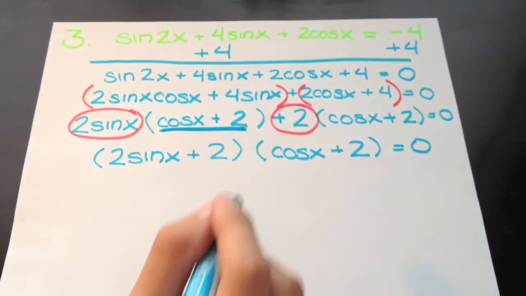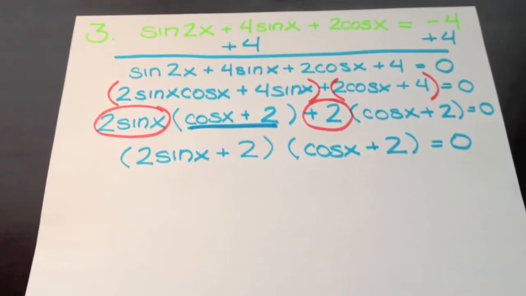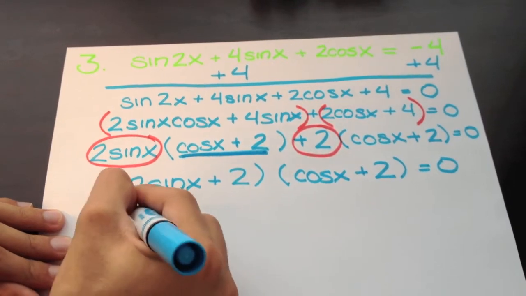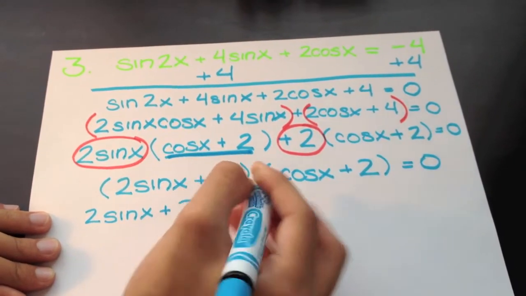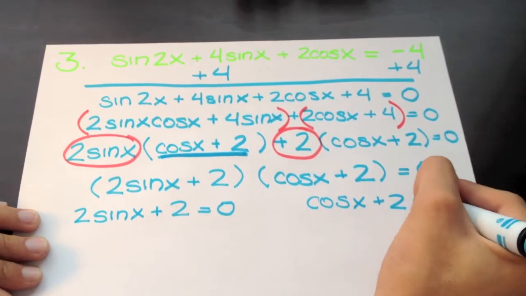So now we have our two mini equations, and we can set both of them equal to 0. So we're going to have 2 sine of x plus 2 equal to 0, and cos of x plus 2 equal to 0.